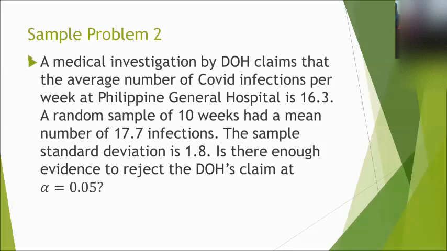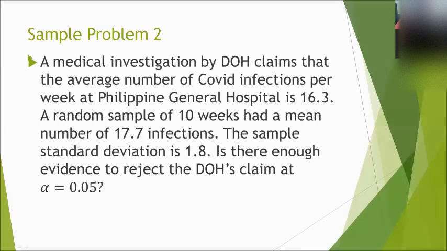So for you to understand, let's have another example. Sample problem 2, okay? A medical investigation by DOH claims that the average number of COVID infections per week at Philippine General Hospital is 16.3.